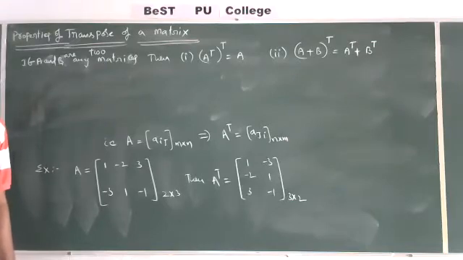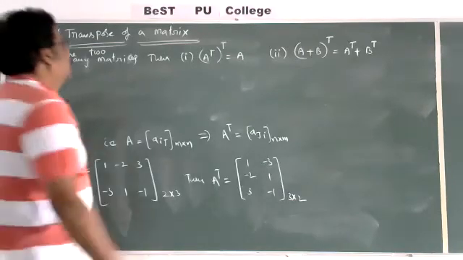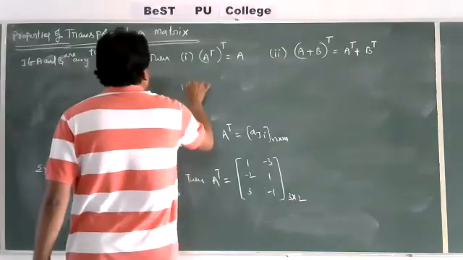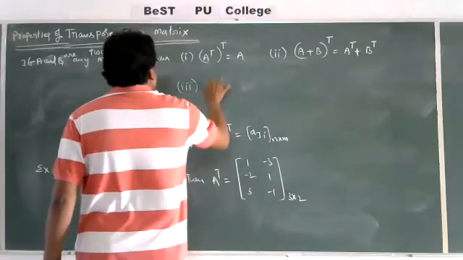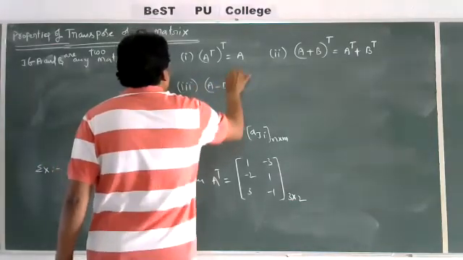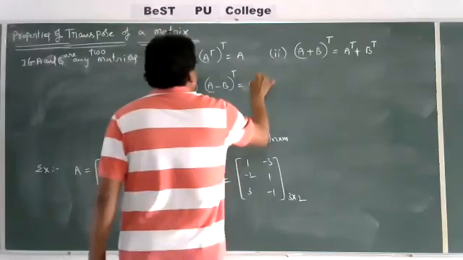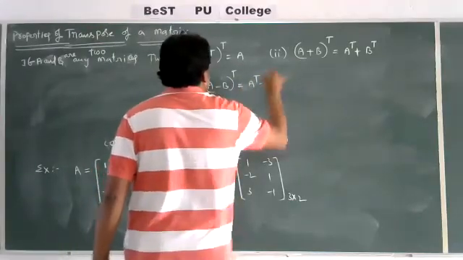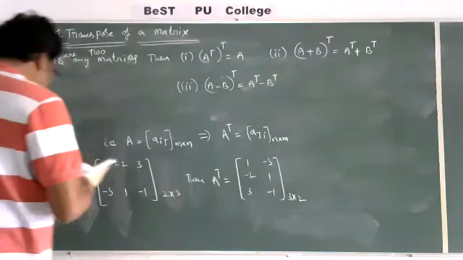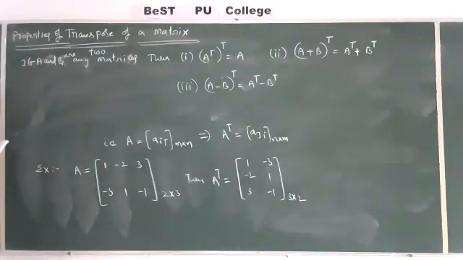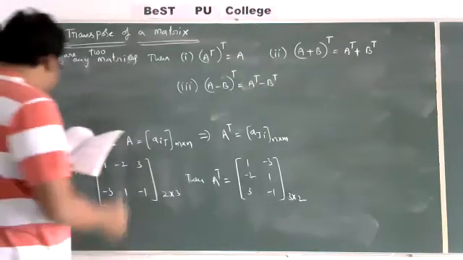Then first you find out A transpose and B transpose, then adding, you get the same. Next, third property, A minus B whole transpose is equal to A transpose minus B transpose.